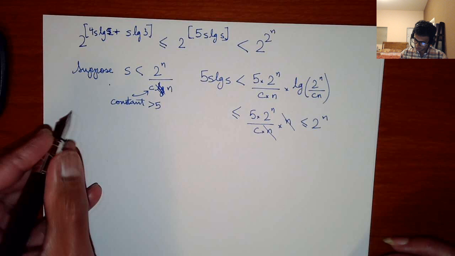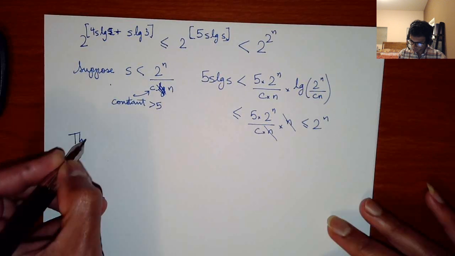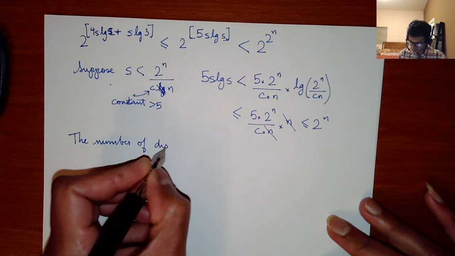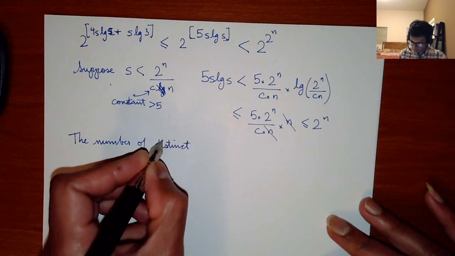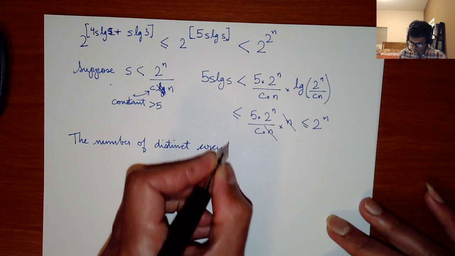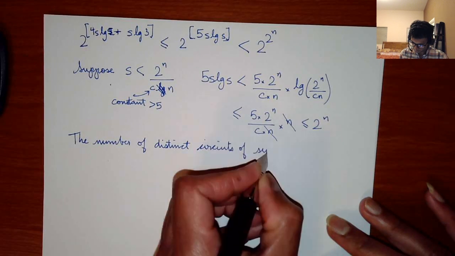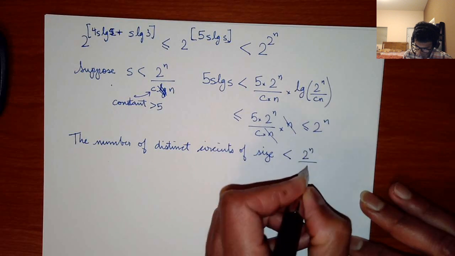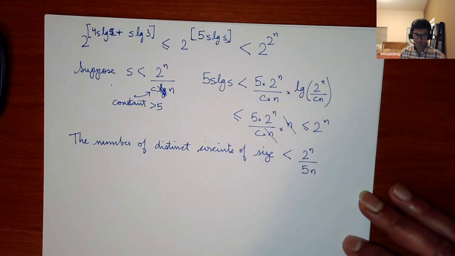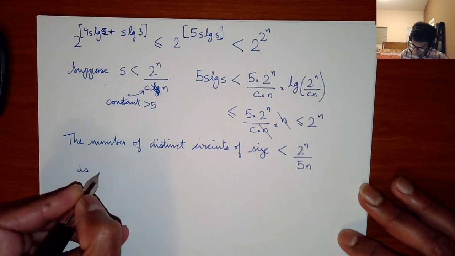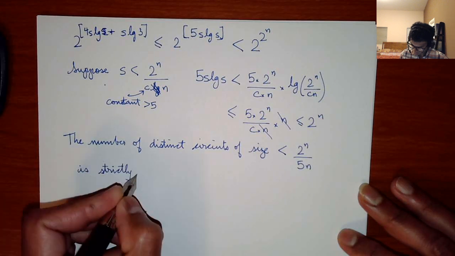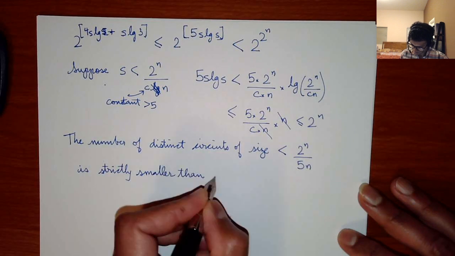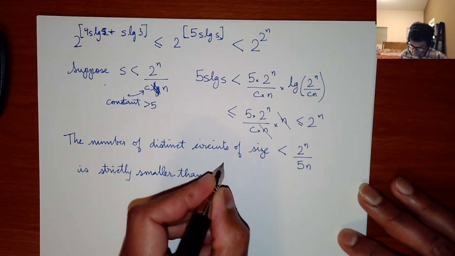So the number of distinct circuits of size at most 2 to the n divided by 5n is strictly smaller than 2 to the 2 to the n.